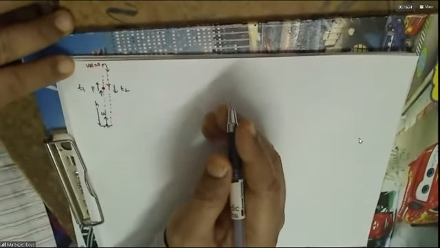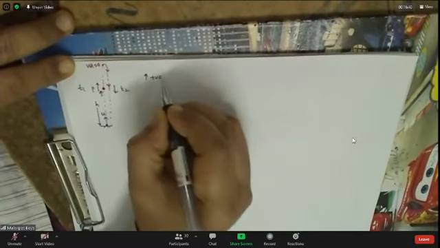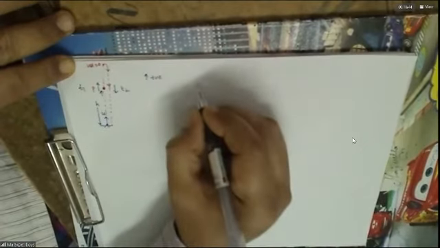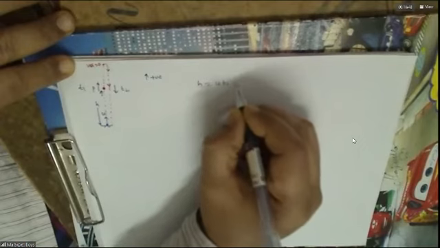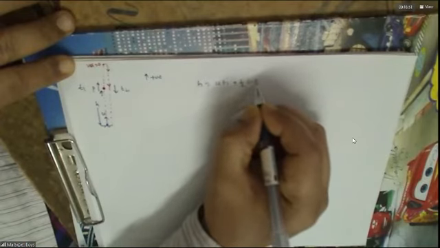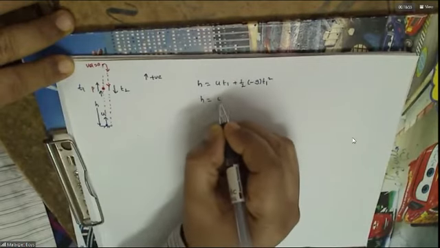Now you can see if you take upward positive, what is that you have? This is upward, H equals UT1 plus half G, where g is downwards now. Similarly, you have UT2.